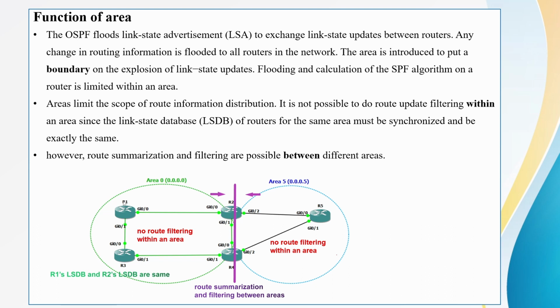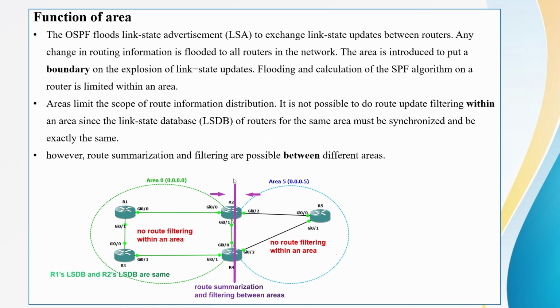R1 belongs to area 0. Since it runs OSPF, it will flood the LSA out of all its OSPF-enabled interfaces. When this LSA propagates to R2, R2 receives it, then R2 floods this LSA into area 5.